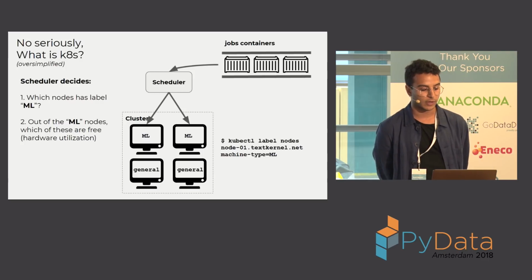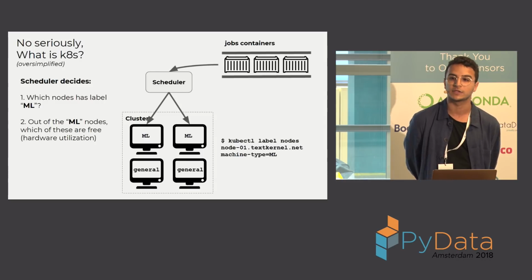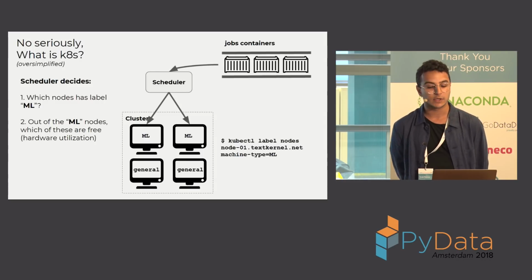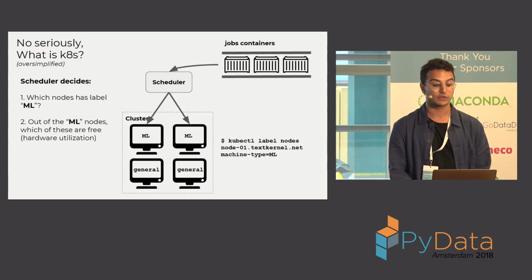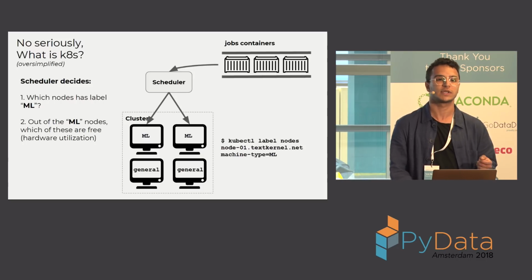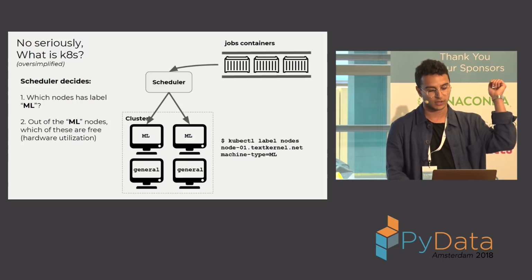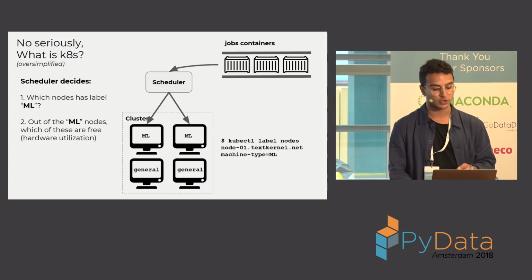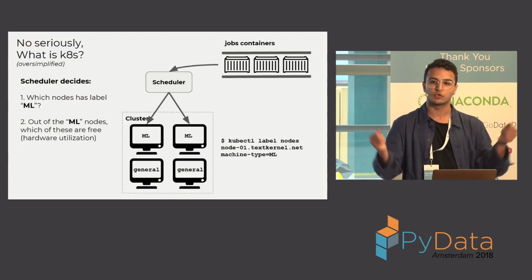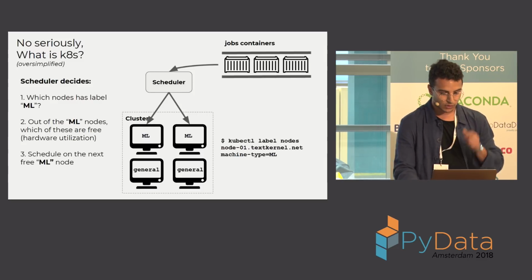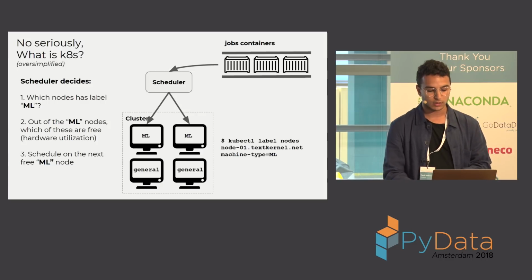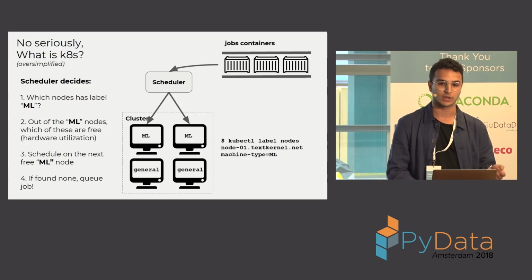And I'll go a bit into the details further on why we need these machines to be empty, because a very basic question might be, why not just schedule 2 jobs on the same machine? And the answer is because we configured TensorFlow to utilize all of the CPUs on the same machine. So if you give it 40 cores, TensorFlow would just take the whole machine, like the entire 40 cores, to train the jobs. And that's why we didn't want 2 jobs to be on the same machine to compete for resources. And then schedule, basically, the next container on the next free machine learning node.